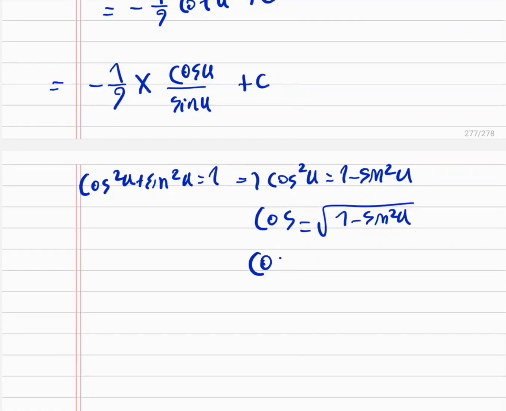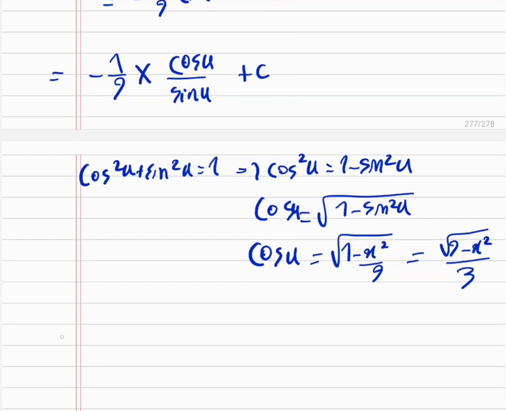So cos u is equal to the square root of 1 minus x squared over 9. And this can be simplified, and that is equal to root 9 minus x squared over 3. Okay, now we have everything. So we just need to substitute this in.